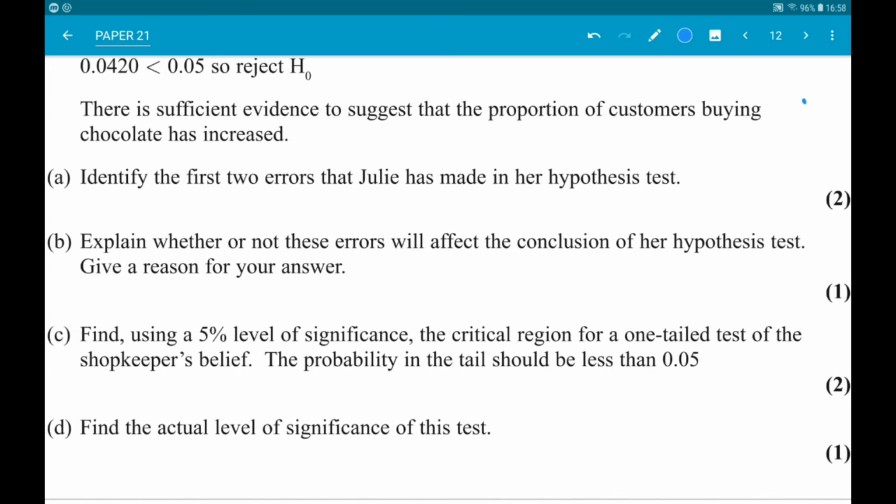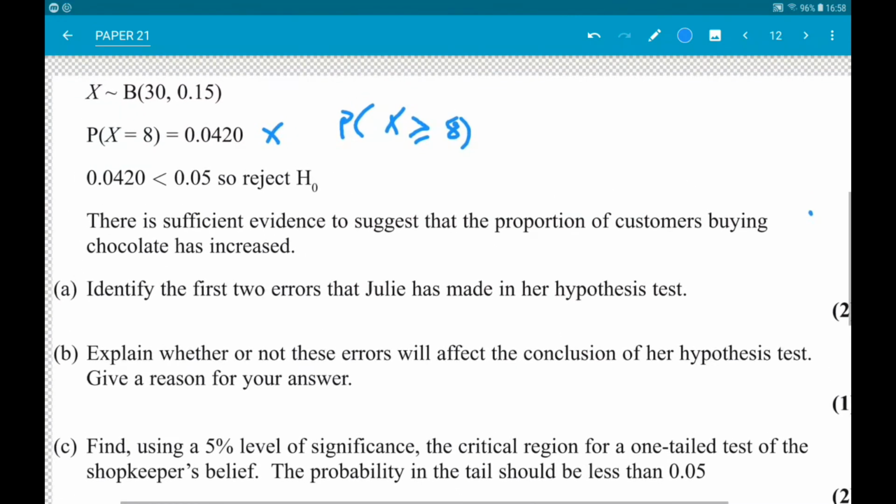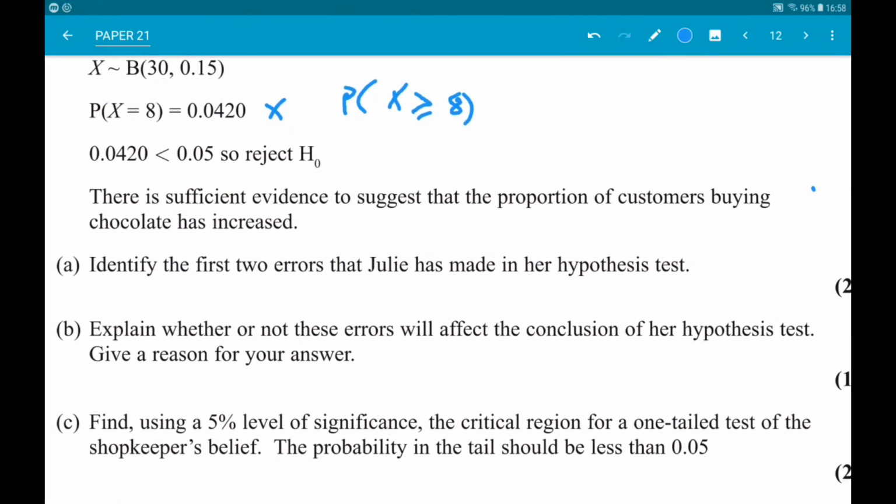Part B: explain whether or not her errors will affect her conclusion to the hypothesis test. So, she ended up getting a probability less than 5%, which led to rejecting H0.